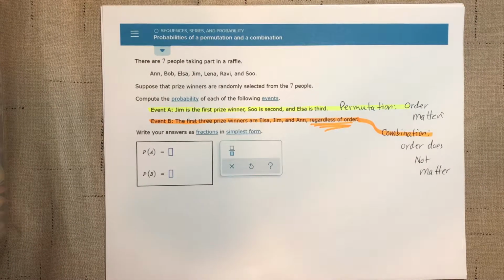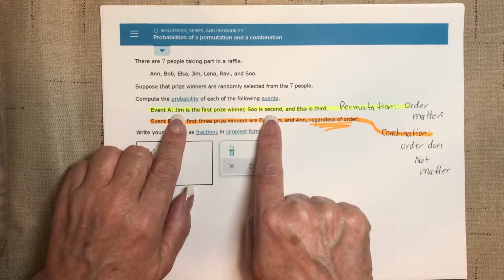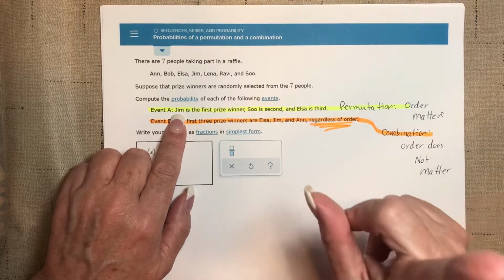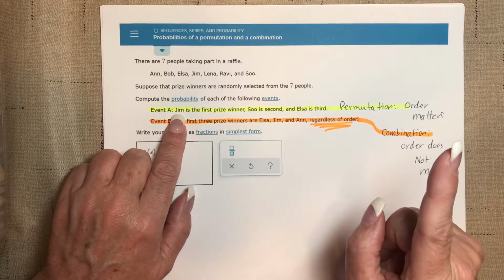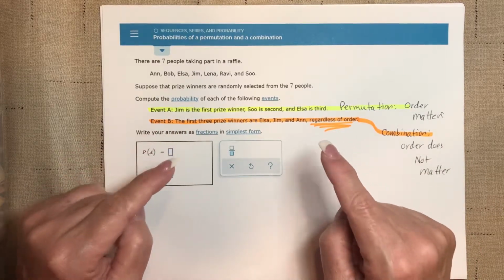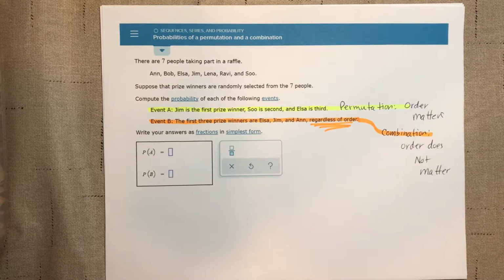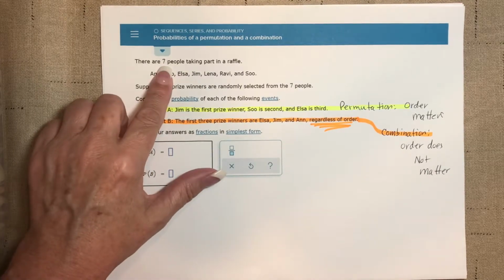This one's actually asking for the probability. So if Jim is first place, Sue is second, and Elsa is third, there's only one way that can happen. But we want to know that one way out of all the ways you can have a first prize, second prize, and third prize position out of the 7 people.